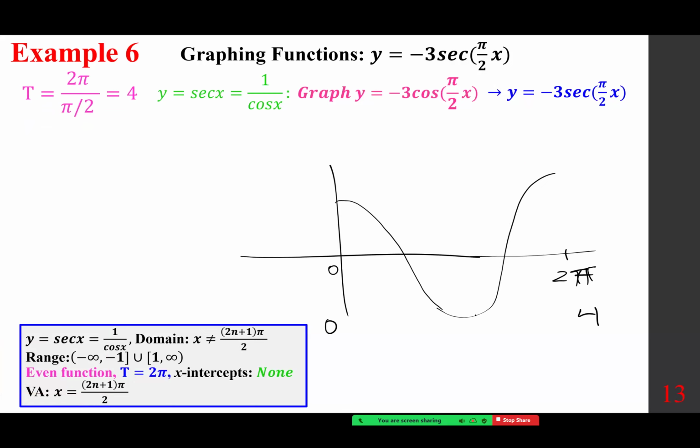And therefore, this point is 2, -1, that's the idea. Okay. 1, 0, 3, 0.